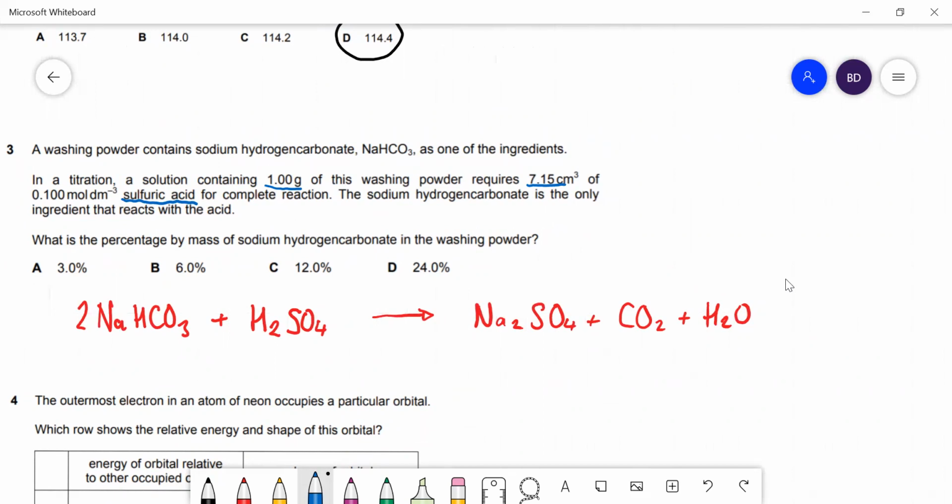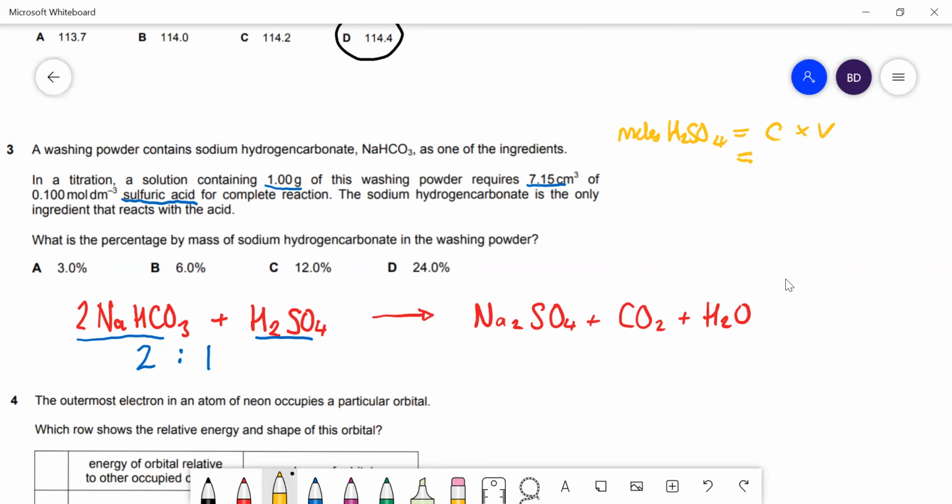Well, we need the equation for the reaction between sodium hydrogen carbonate and sulfuric acid, and you can see there, importantly, it is a 2-to-1 ratio, 2 moles of sodium hydrogen carbonate to 1 of sulfuric acid. So what we're going to do now is work out our moles of sulfuric acid. Moles H2SO4 is equal to the concentration multiplied by the volume in dm cubed.